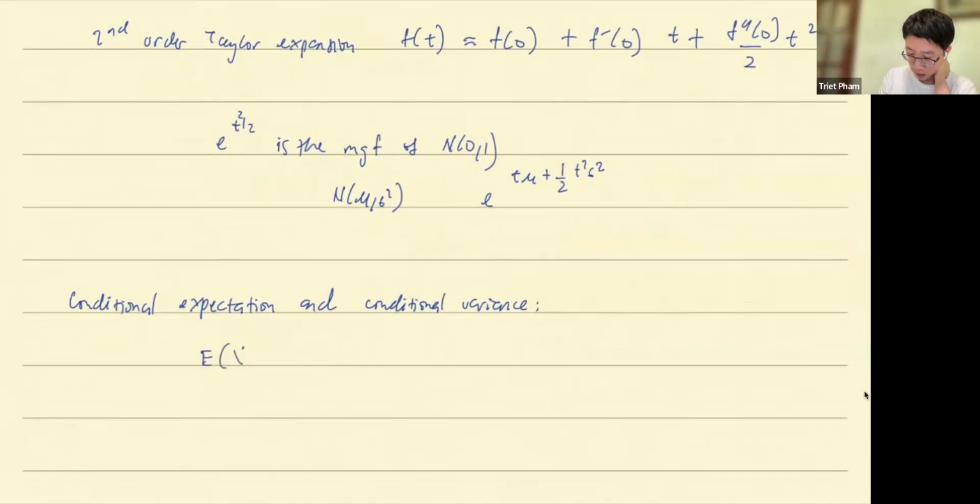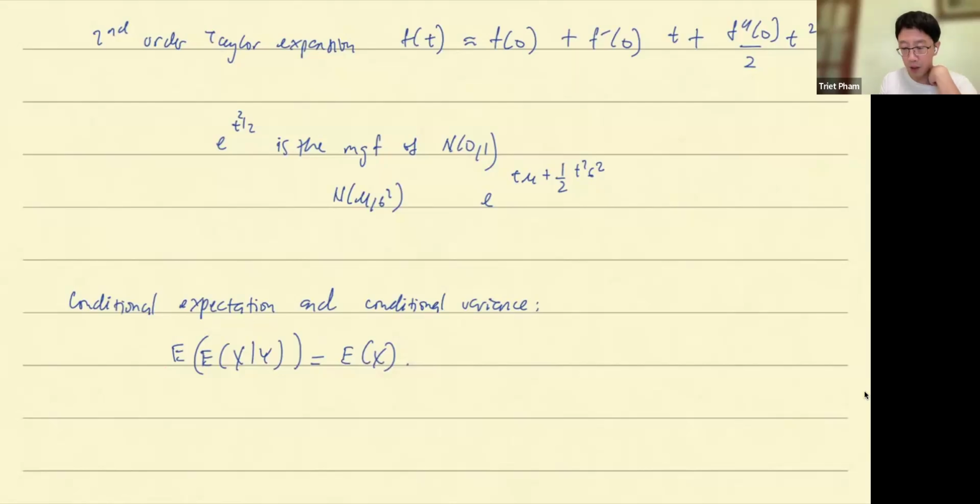This one is by far more popular: the double expectation gives you the original expectation. It's called the law of double expectation. If you condition and then you take expectation, it gives you the original expectation.